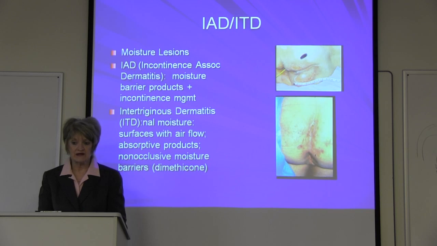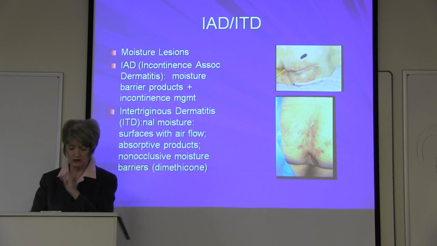Vaseline-based products have some advantages in that they're very easy to apply, very easy to remove, and don't cause trauma to the skin with application or removal. And they do provide effective protection in general against urine and against solid stool. Not very good protection against liquid stool.